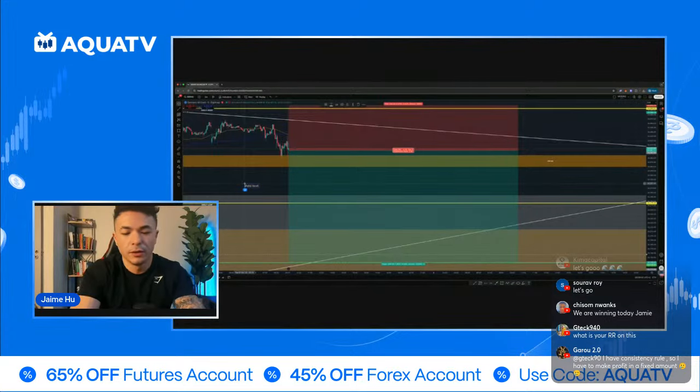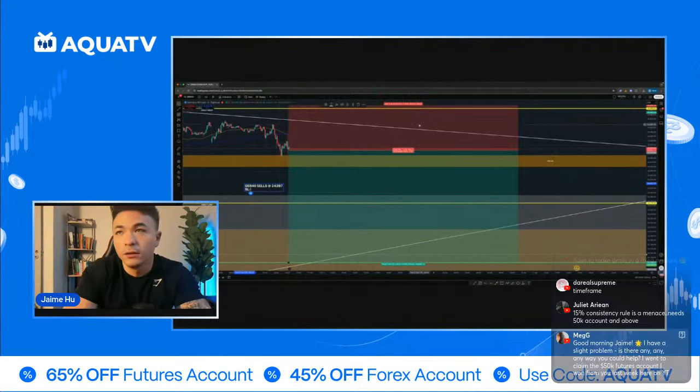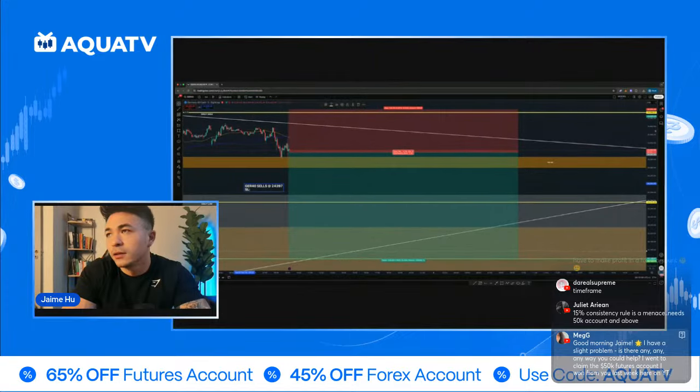So it's German 40 sells at, I'm looking at, or entered at 24397. Our stop loss, SL, is at 24502. And then for TP, we are looking at 24138.